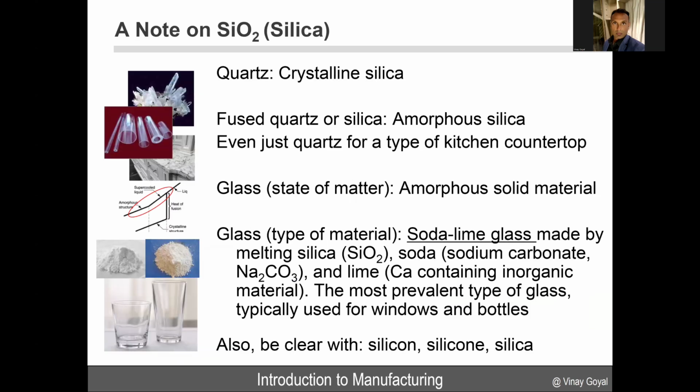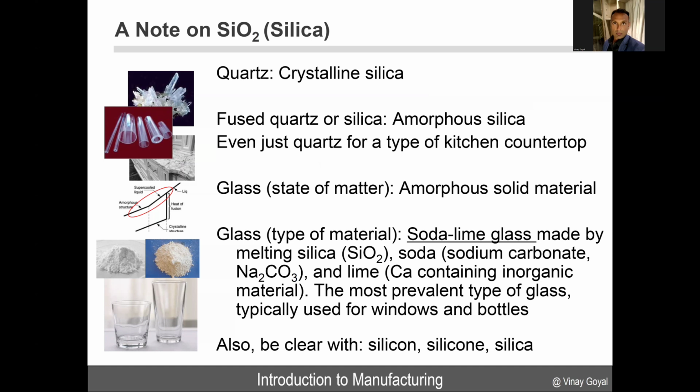Now let's look at silica. It's a quartz-based system, crystalline silica. Fused quartz or silica, we call it amorphous silica. Even just quartz for a type of kitchen countertop, so you may have seen this. Glass is a state of matter, an amorphous solid material. Glass is also a type of material.